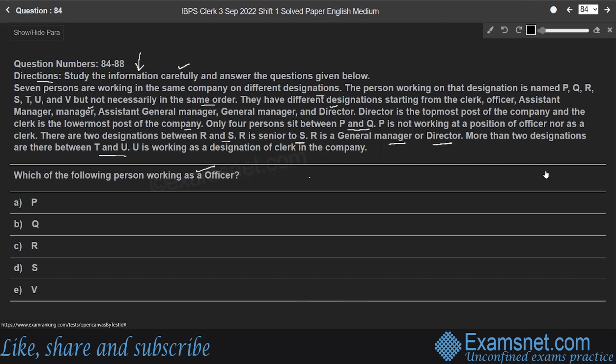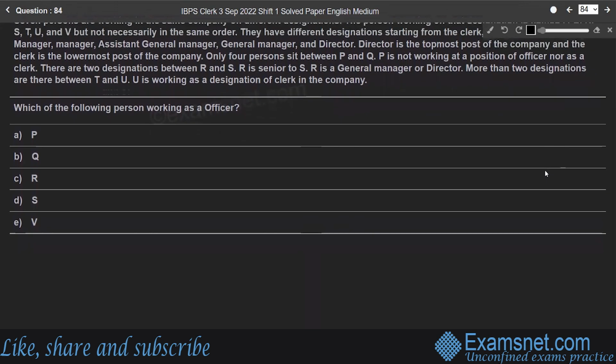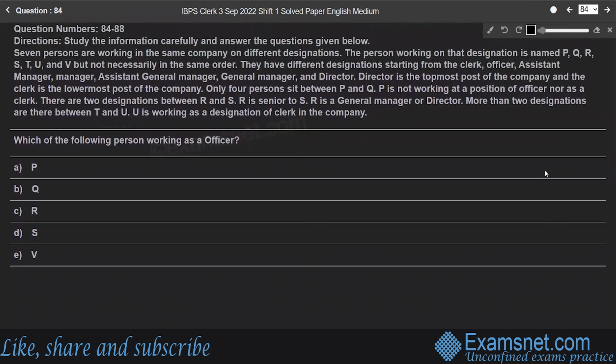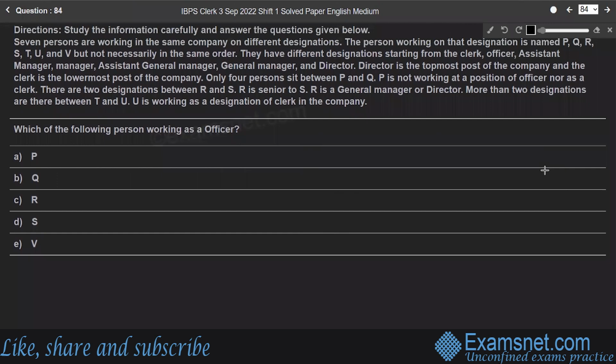So, let us consider their designations first. There are totally 7 persons in a company in different designations. Here, the lowermost designation is clerk. It is given. The topmost position is director. So let us start from the director. Next position is general manager.